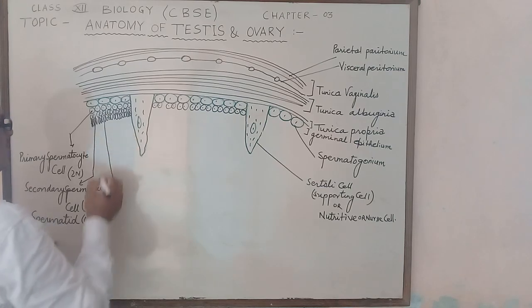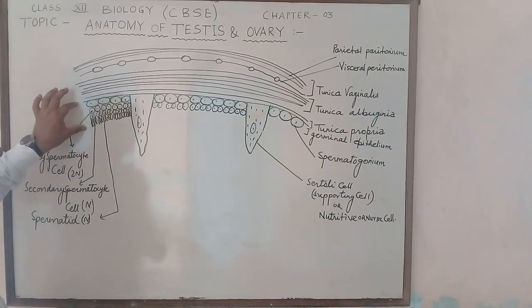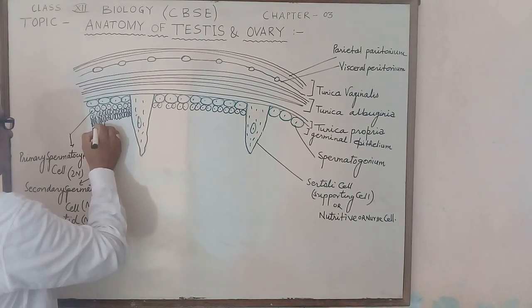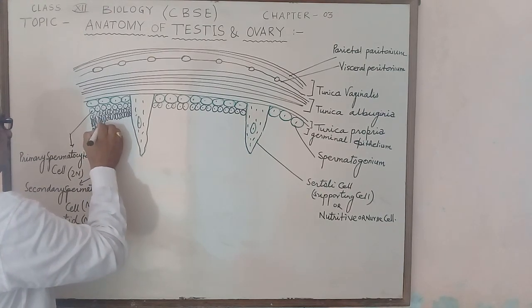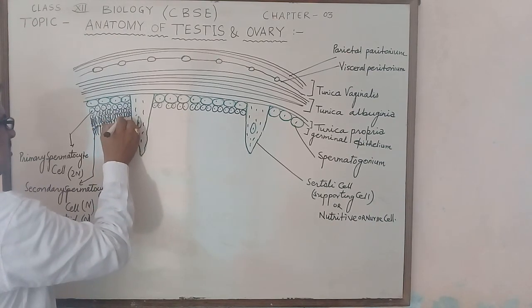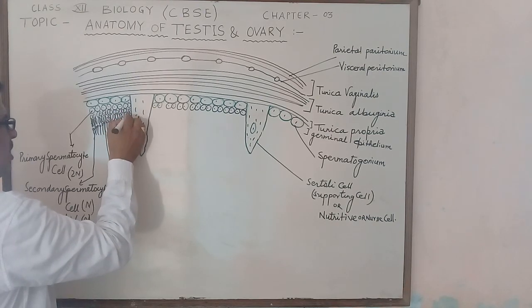As a result of modification, each spermatid is modified into the haploid spermatozoa.